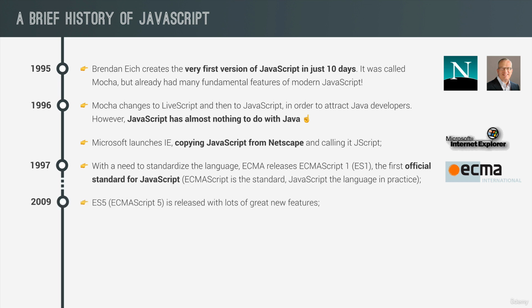Now, fast forward to 2009, after a lot of complications and disagreements about where the language should be headed, ES5 was released with a lot of great new features. And then finally, another 6 years later, the much-awaited new version ES6 was launched in June 2015. And this was the single biggest update to the language ever.